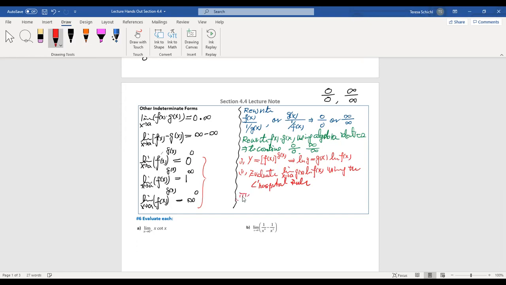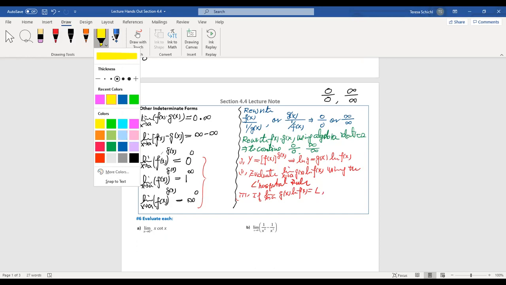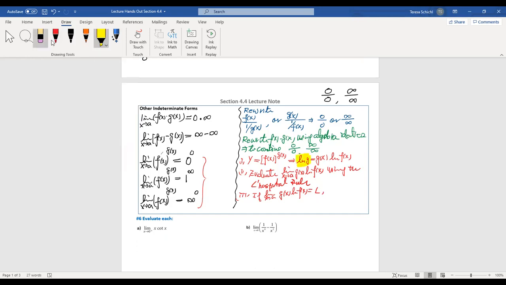Now the third step, and we need to be very careful here. If the limit as x approaches a of g of x times the natural log of f of x does exist, don't forget that this is the natural log of y. So you need to convert it back.